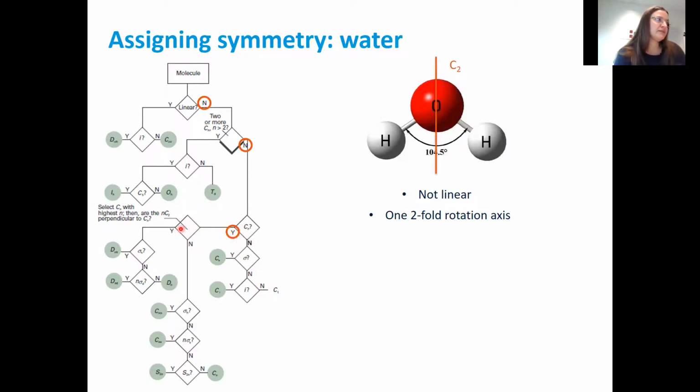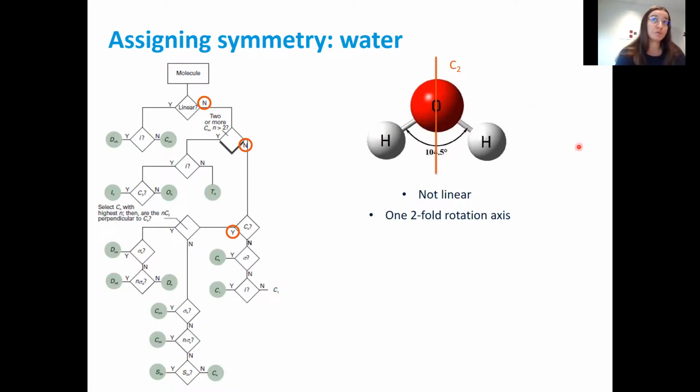Then once we are here, this can be a tricky question. You need to be careful while reading it. Select the Cn with the highest n. Are there any C2 axes that are perpendicular to this Cn? So if you have the Cn with the highest n, which in our case is a C2, do you have anything that goes perpendicular to this one?